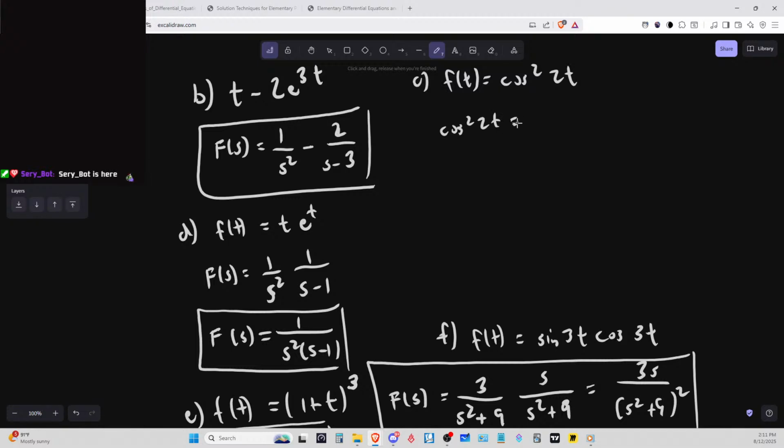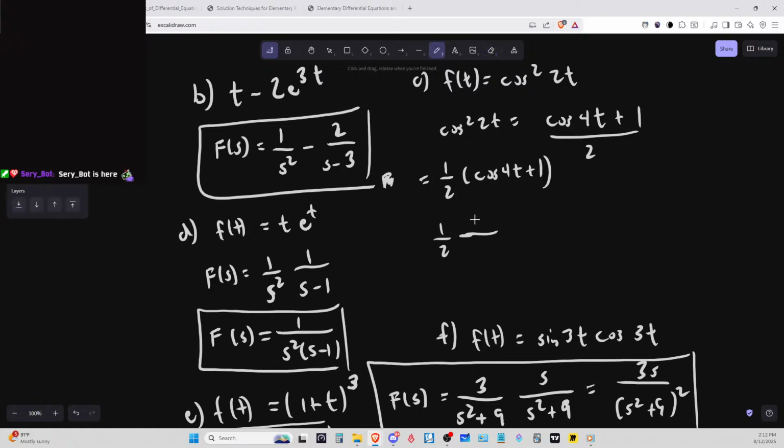So this has to be cosine 4t plus 1 over half, and then you take that out and you're left with t plus 1, and because of that we're left with sine.